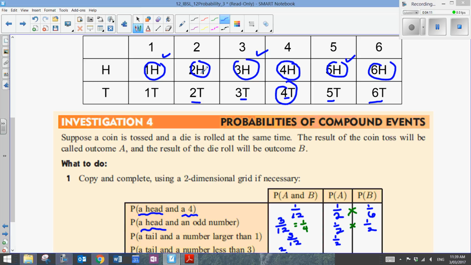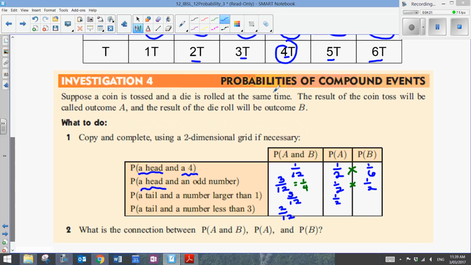Since it could be any heads or tails, I include all of these except the first two with the 1s, so that's 10 out of 12. Multiplying those, I get 10 out of 24, which reduces to 5 over 12. So again, our pattern has continued.